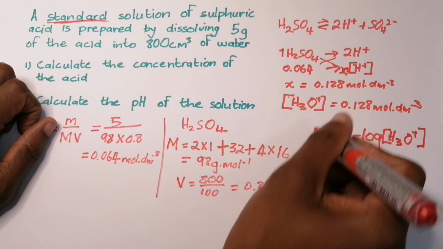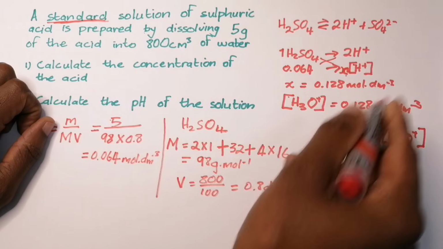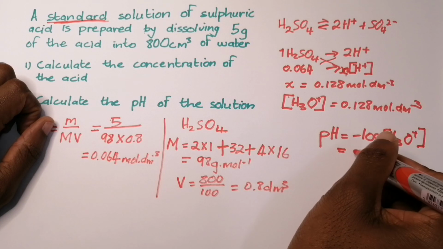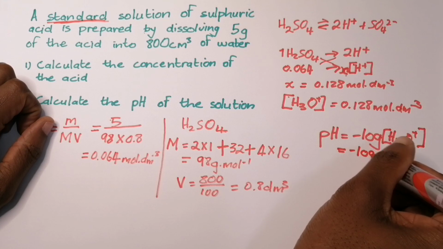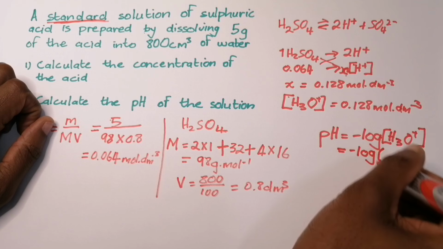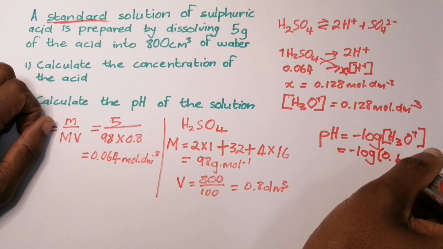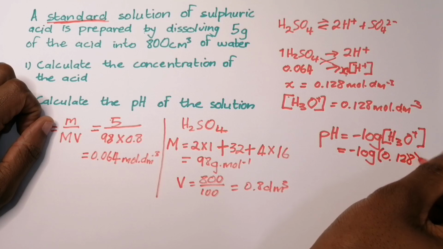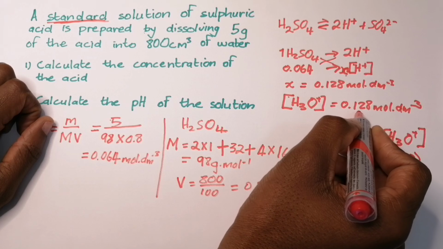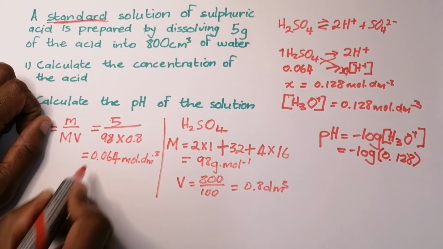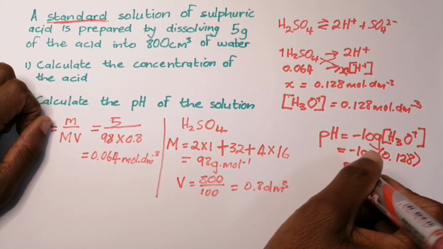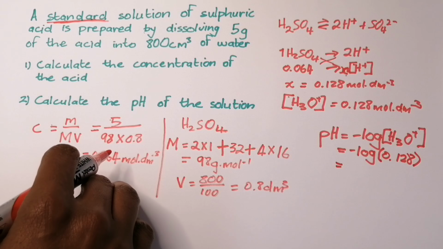Now that I've got the concentration of the acid and the concentration of the hydronium ions, that will be minus the log of, once again round brackets, 0.128. Note, I'm using the concentration of the hydronium ions, not that of the acid. And what do we get there?